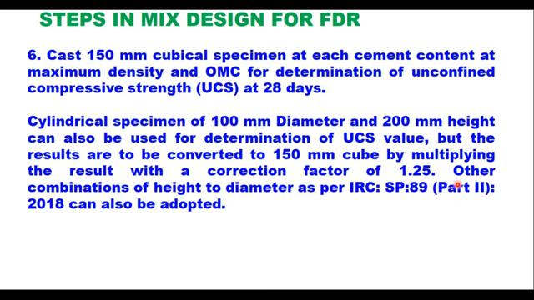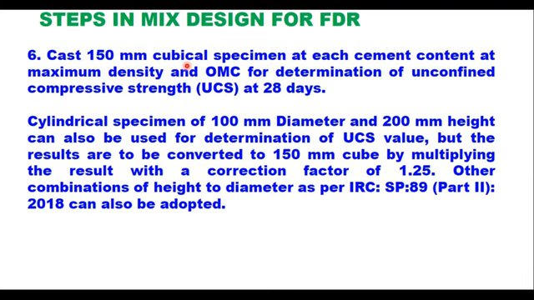In fact, other combinations of height to diameter can also be attempted as per IRC SP 89 2018, and the appropriate correction factor should be applied, but the result is obtained in terms of UCS of a cubical specimen.